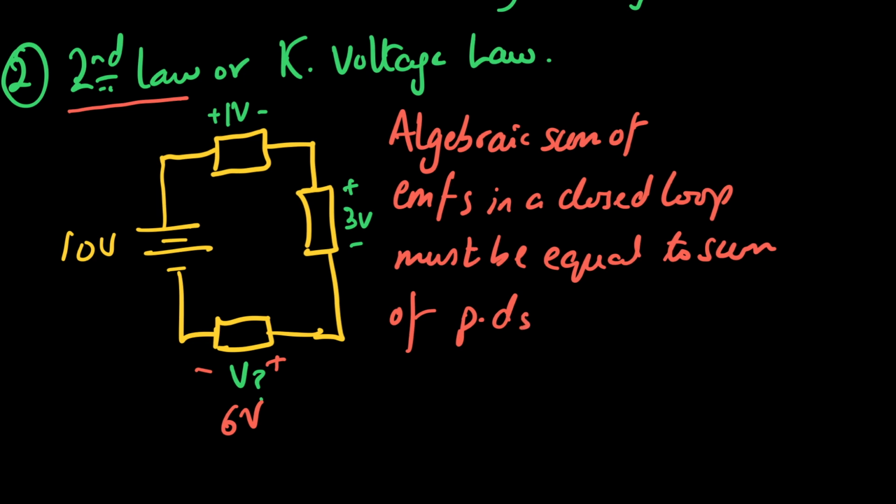Please write down the full word, potential differences, in that loop. So the algebraic sum of EMFs in a closed loop must be equal to the sum of potential differences in that loop.